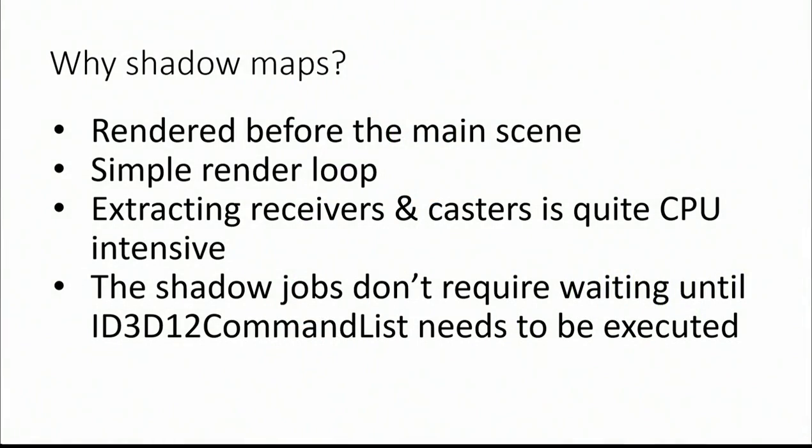So the main thread builds the main scene command list, while the worker threads are generating the shadow command lists. Then by the end of the frame, we will do the synchronization, execute all these shadow map command lists that have been generated asynchronously, and then the main scene command list at the end.